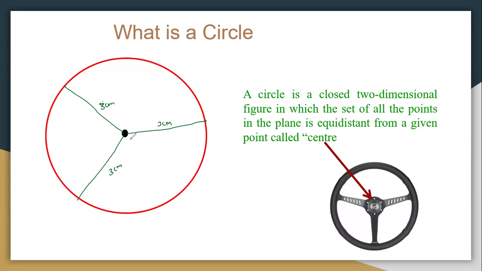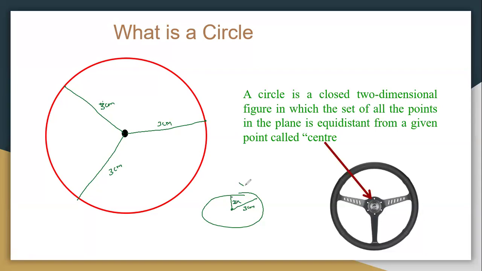Should you measure and you find that when you draw a line, let me say this is my shape and this is my center. When I measure from here up to here, I can see that maybe it is 3 centimeters. But when I'm measuring from the center up to this point, you will notice that this distance is a small distance compared to this. So this one maybe is around 2 centimeters.